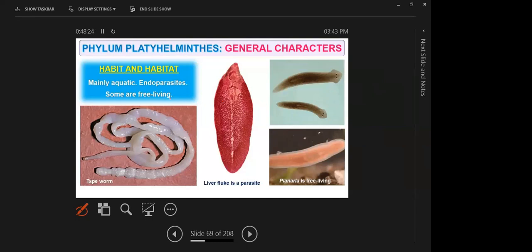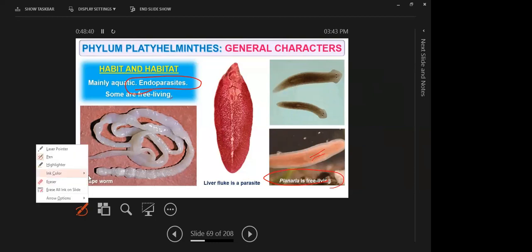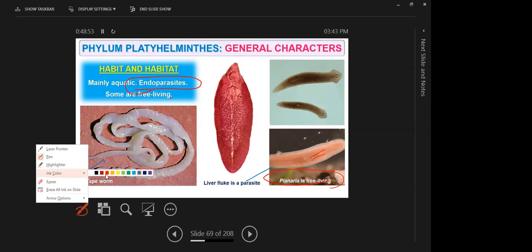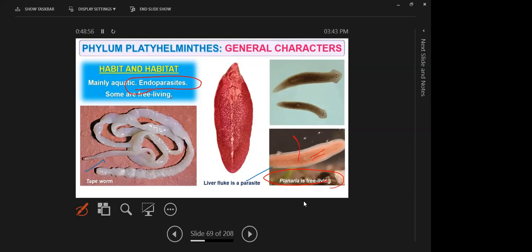Very few are free living, but predominantly they are endoparasites, living inside the body of the organism. Tapeworm lives in the intestine. Liver fluke also lives in your body. Planaria is free living.